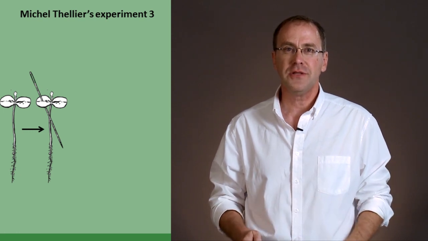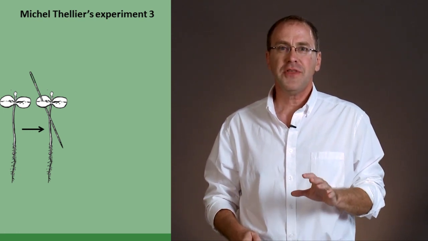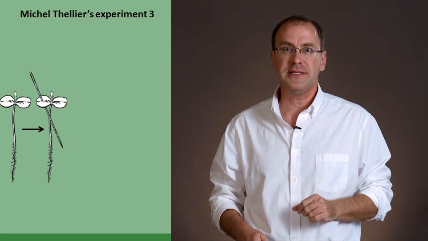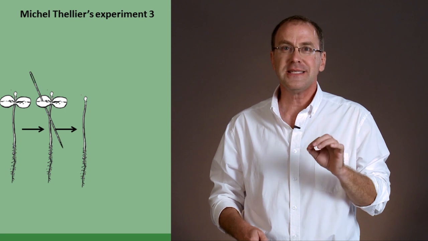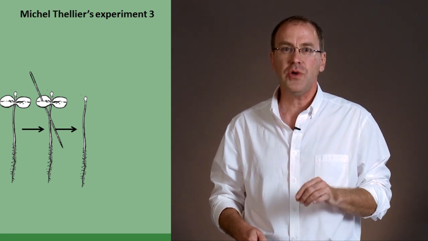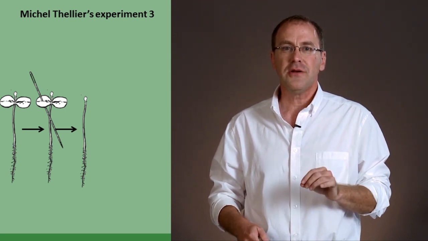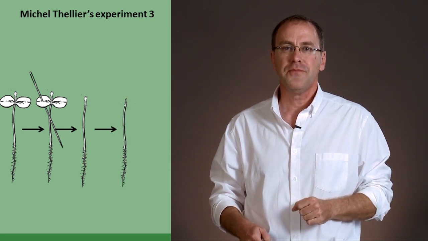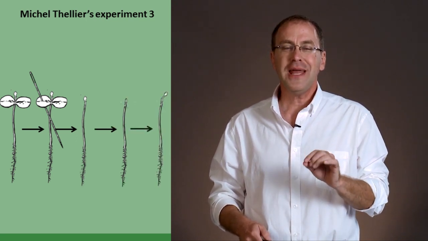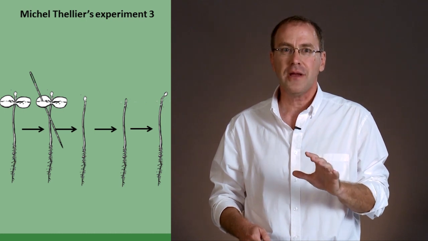The following experiment really sealed the idea that the bud of the plant remembers which of its neighboring leaves had been damaged. This time, Thellier stabbed one of the cotyledons as he did before, but then he removed both cotyledons, the stabbed one and the untreated one, several minutes later, and only then did he remove the apical meristem. He found that the plant retained the memory of the stabbing.